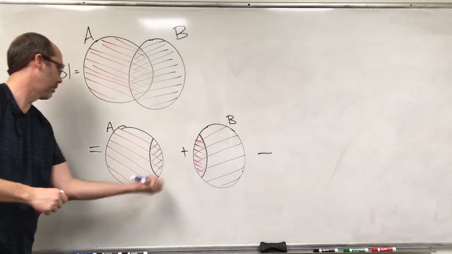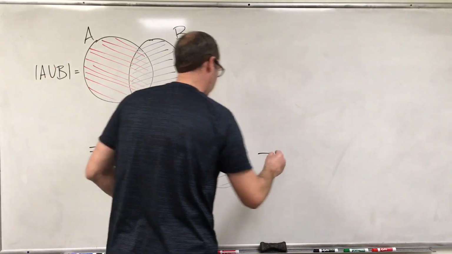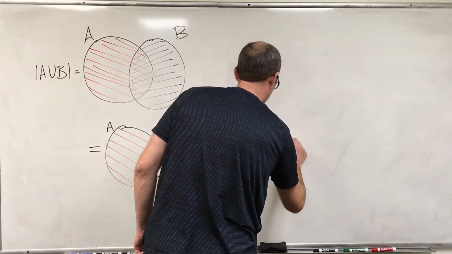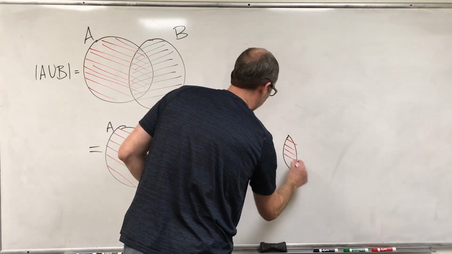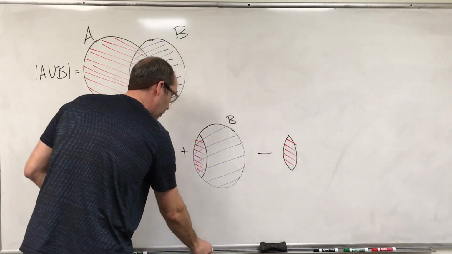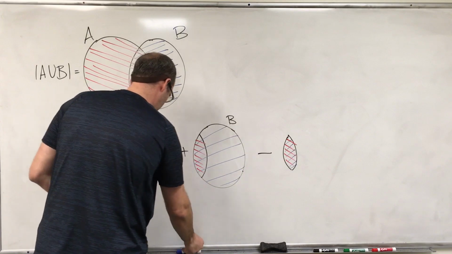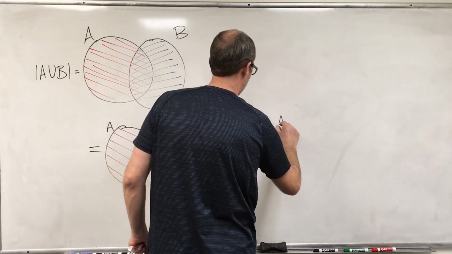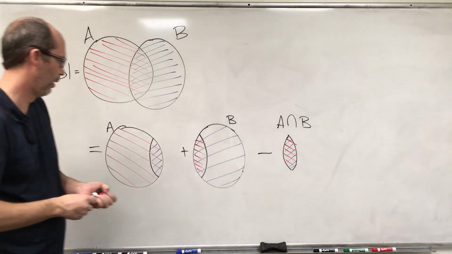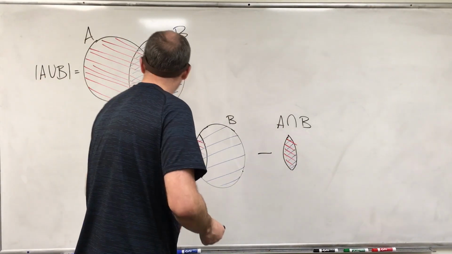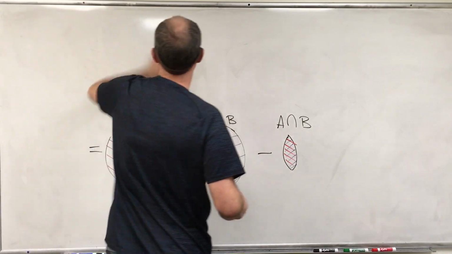We'd be counting that little sliver twice, so we have to take that off. So minus just one of those. All right, so let's do a similar thing with 3 sets.